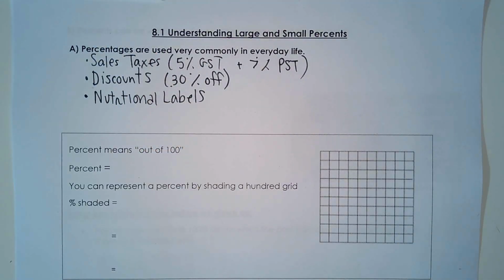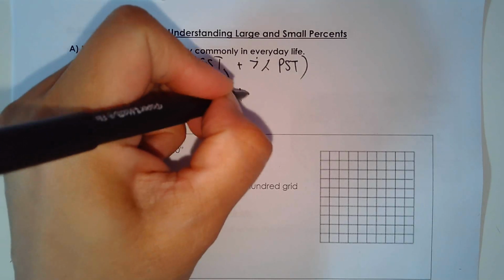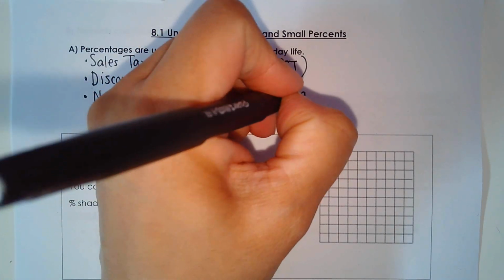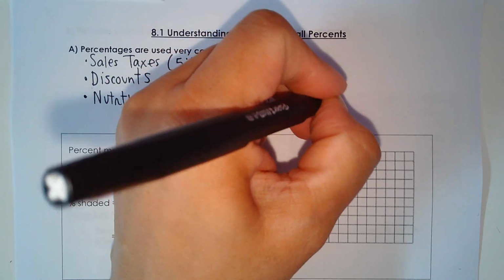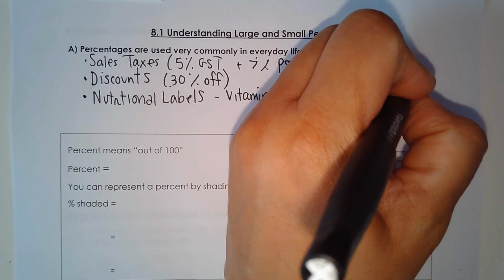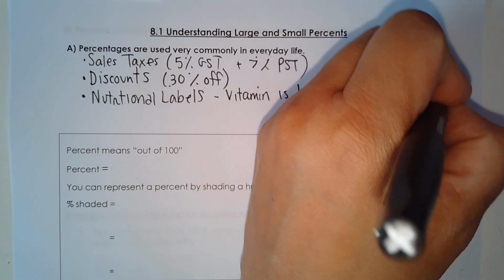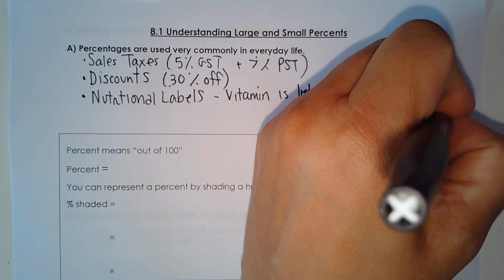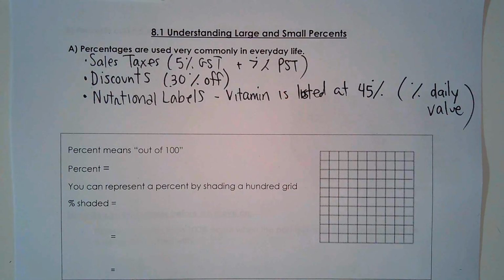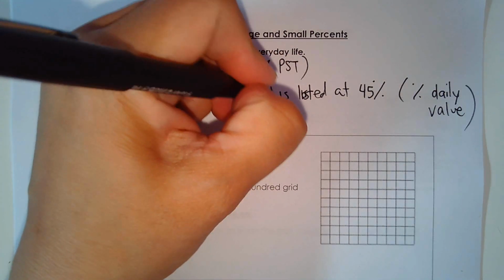I looked at a carton of milk and I noticed that vitamin D is listed at 45% of the percentage daily value. So when you drink 1 cup of milk, you get 45% of your vitamin D.